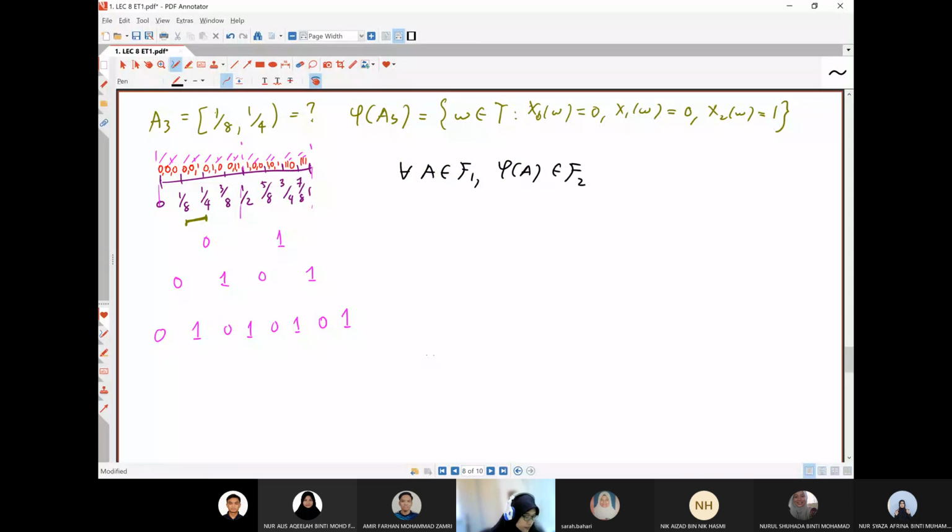So all of the examples show that it is correct. So the image of each cylinder are in the cylinder set. So that means this implies that the image yang kita dapat ni adalah in F2. So verified for the first properties.